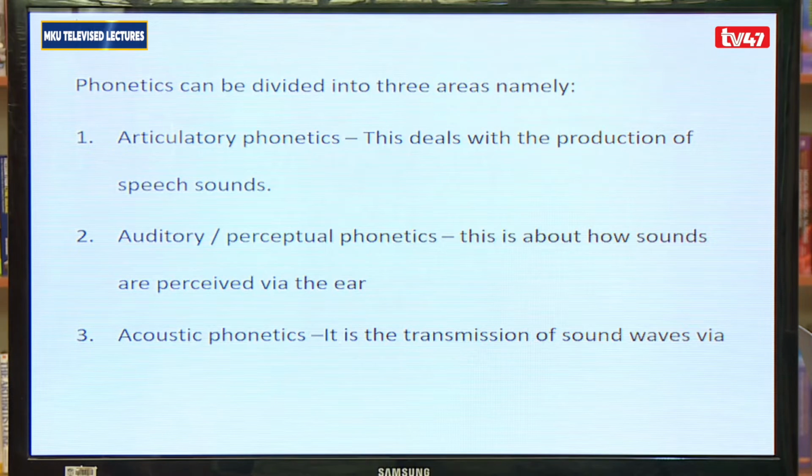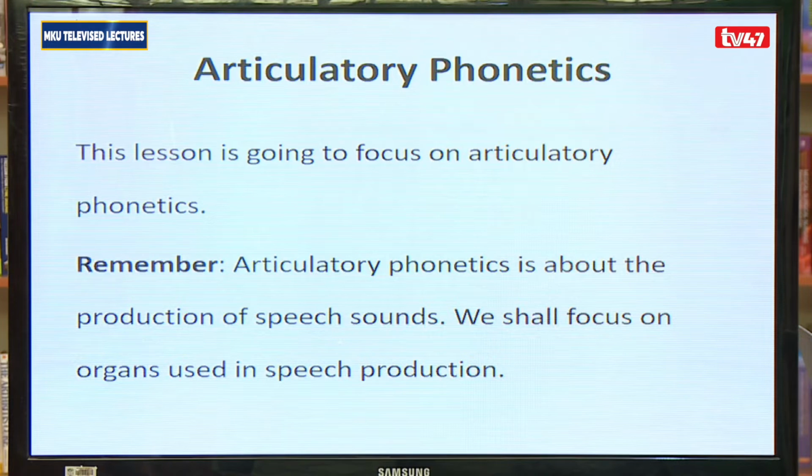When the sounds are produced, how do we perceive them? And lastly, number three, acoustic phonetics. This is how these sounds are transmitted as sound waves via the ear.